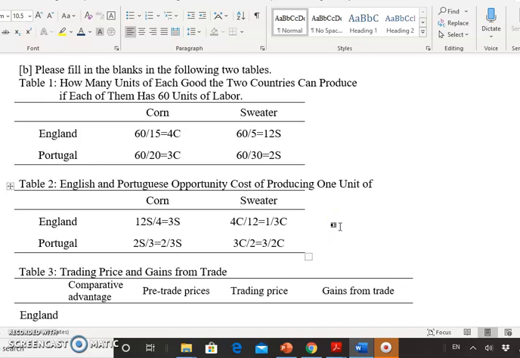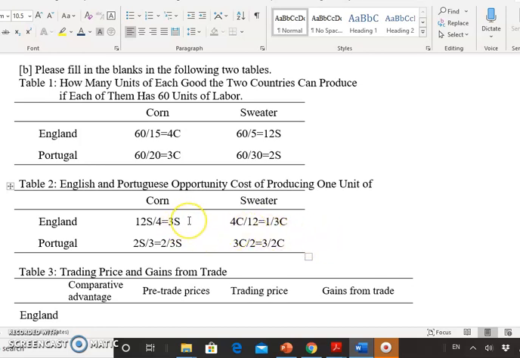This is actually similar to what we did back in chapter 2 when we did the PPF. You remember when we move along the PPF, we said, from A to B, what has been gained, what has been given up. So that's how we calculate the opportunity cost per unit, right? And we could also go the other way from B to A, and what you need to do is flip the ratio, and the answer is just the reciprocal of the previous answer, right?